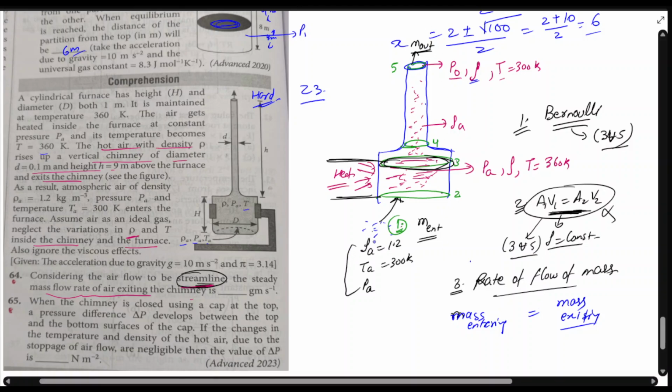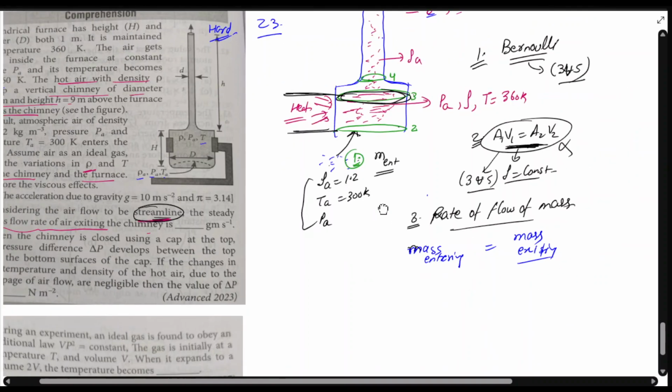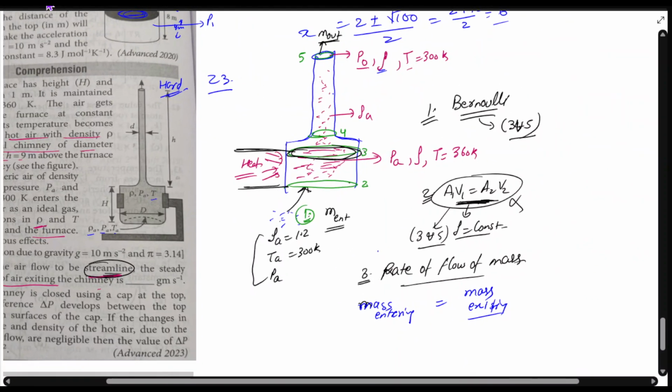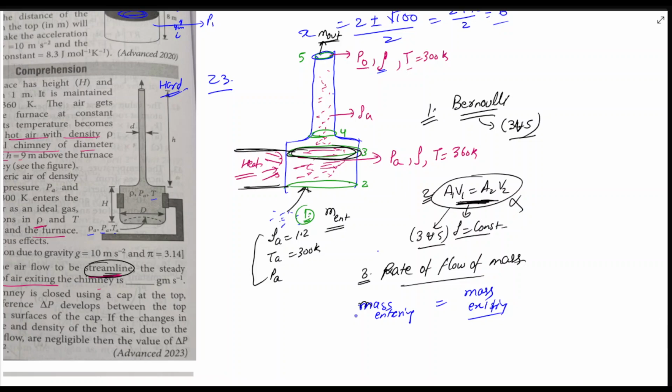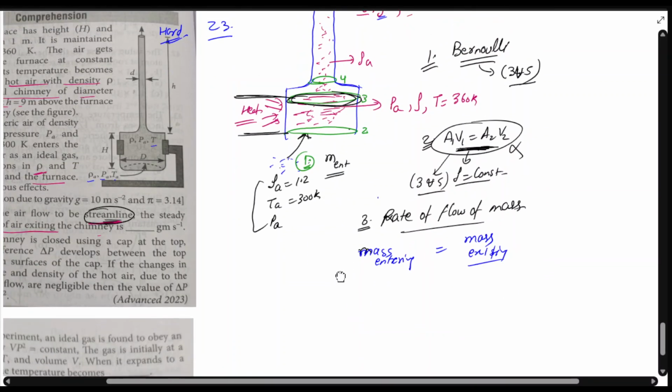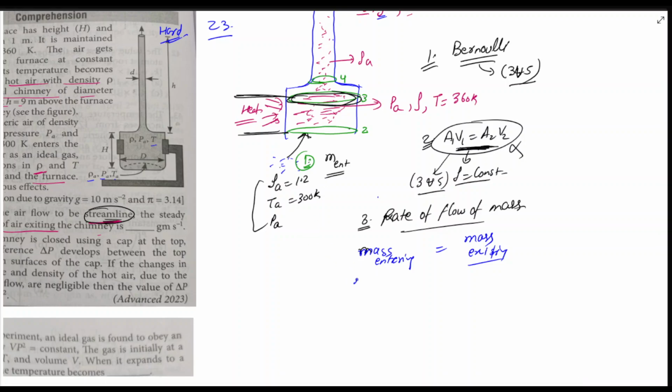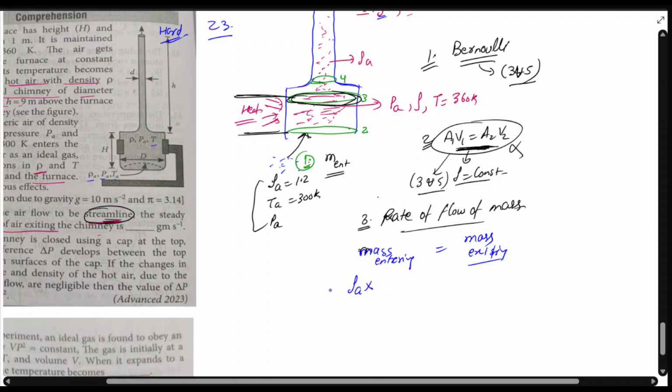With this information we can find the density. Let's start to solve it using the third information. How much is the mass entering? Density rho A into volume.